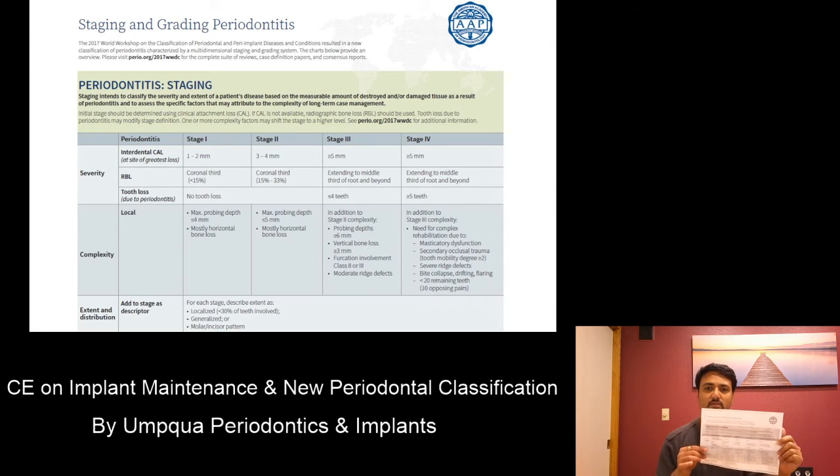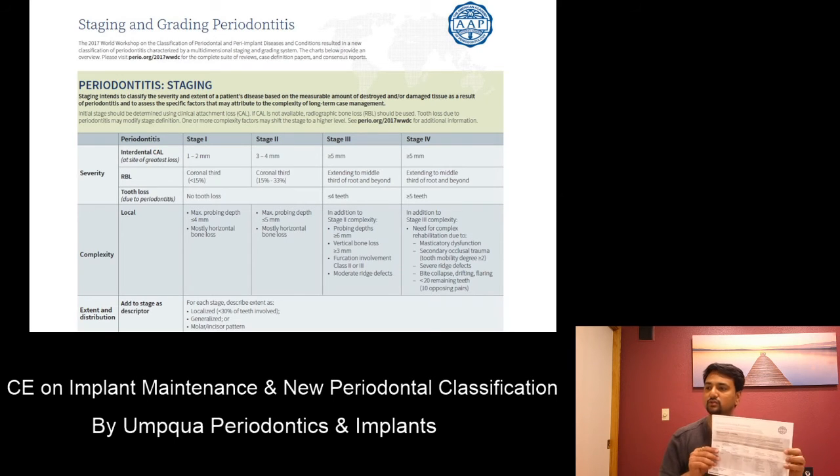The new addition is the complexity of the disease, and that guides the clinician in how complex this case would be to manage. That's all it's about. And depending on the complexity, you can upgrade a patient from a stage 3 to a 4 if you consider the factors listed on these stages, and we are going to talk more about that.